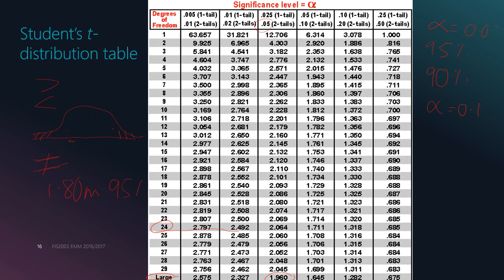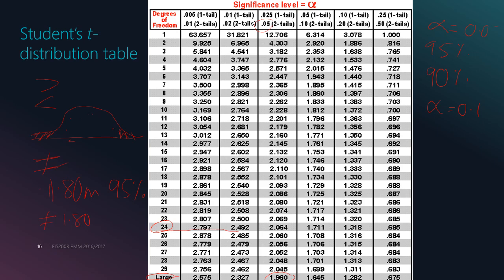Kita tetapkan pada 95% confidence level. Kita nak tahu berapa confidence bahawa average tingginya 1.80. Okay, maknanya yang selebihnya adalah tak sama dengan 1.80. Yang tak sama tu bermaksud di kiri dan kanan. Tak tahu sama ada lebih kecil ataupun lebih besar. That's why dalam konteks ni kita guna two tails.